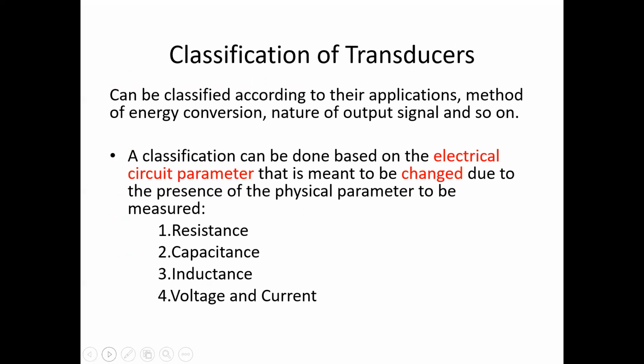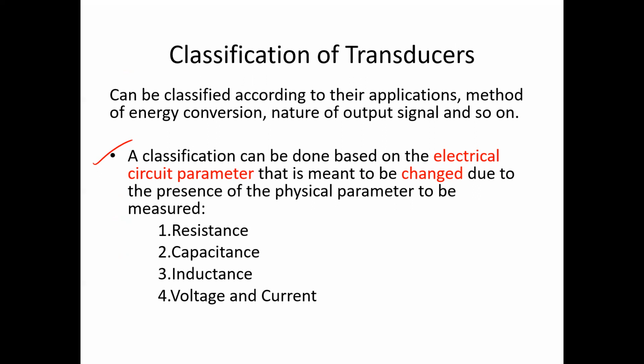Now, if we talk about the classification of transducers, the classification can be done in several ways. The first one shown here is with respect to the electrical circuit parameter that is intended to be changed with respect to the change in the physical quantity. So the change in a physical quantity is going to be transformed into an equivalent change in some electrical circuit parameter.